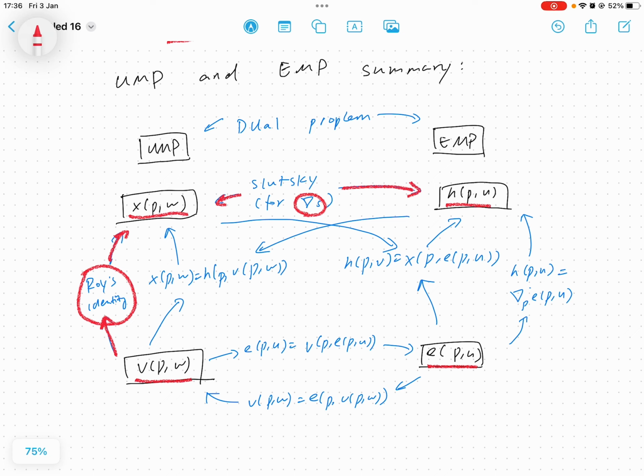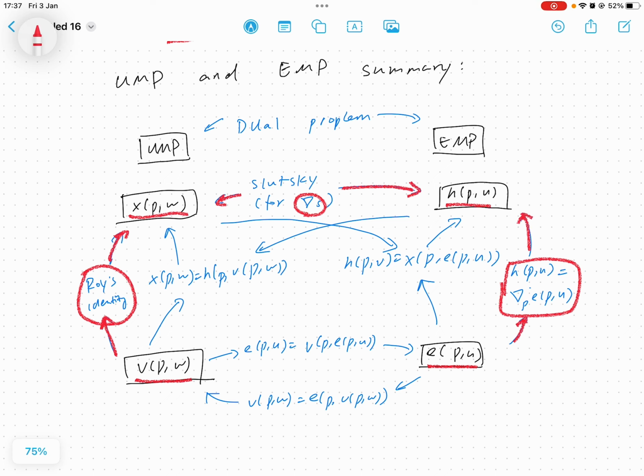Now let's have a look at the right hand side. This was, if I remember correctly, 3.G.1, where we already proved, using the gradient of E, that it represents this Hicksian demand.